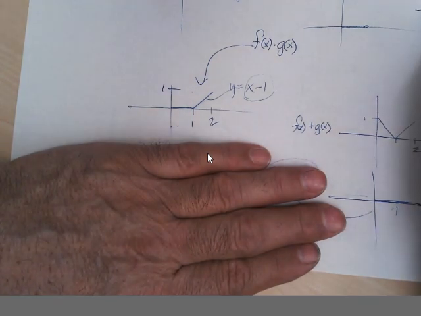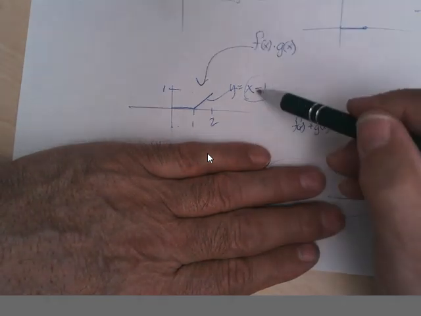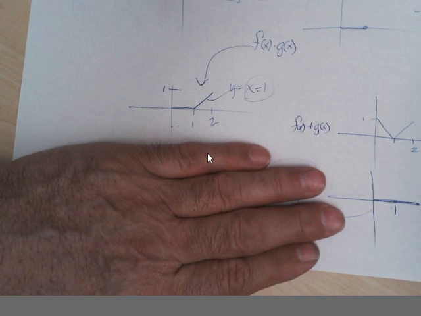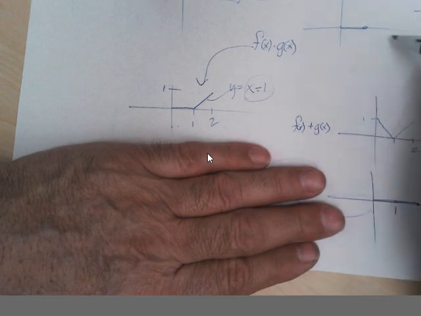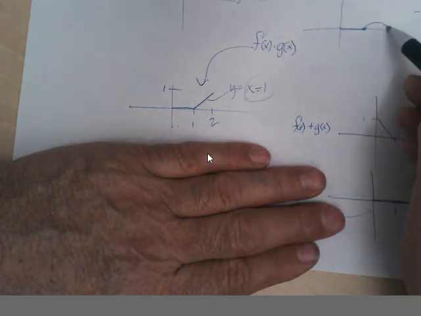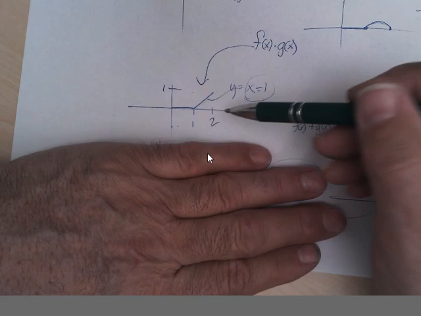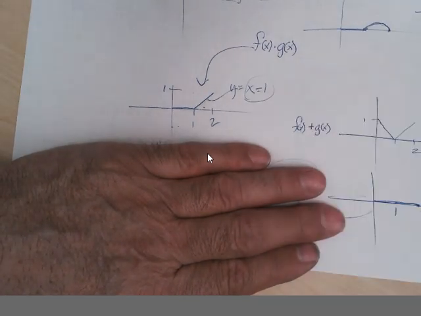So I got minus x squared plus 3x minus 2. If you multiply lines, equations of lines, you get parabolas. This is an upside down parabola. It goes through 0 at 2, and it goes through 0 at 1, and it's upside down, and it looks something like this. And so this times this would be this and this.